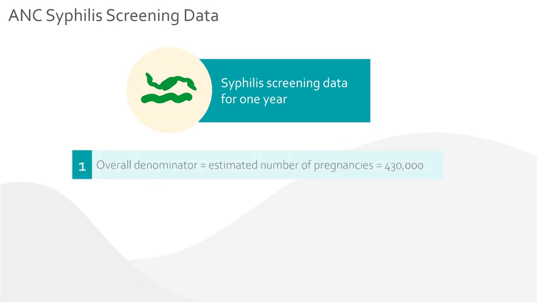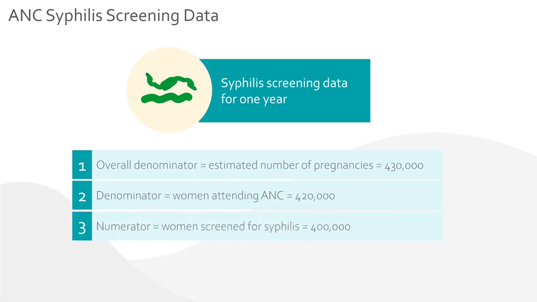The overall denominator is the estimated number of pregnancies since all pregnant women are expected to attend ANC, for example, 430,000. All women attending ANC should be screened, so we use the number of pregnant women attending ANC during the year as the denominator. Example, 420,000, ANC attendance is 98%.